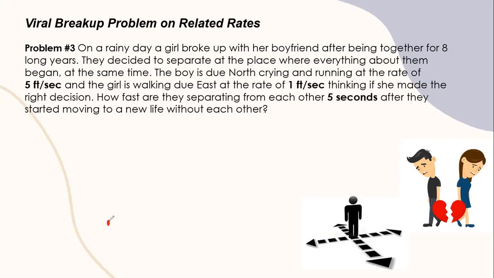Okay, so nung nag-decide silang mag-break, sabi dito, the boy is due north, crying, and running at the rate of 5 feet per second. So yung lalaki daw ay tumakbo sa direction na to. Okay, pa-north daw at a rate of 5 feet per second.